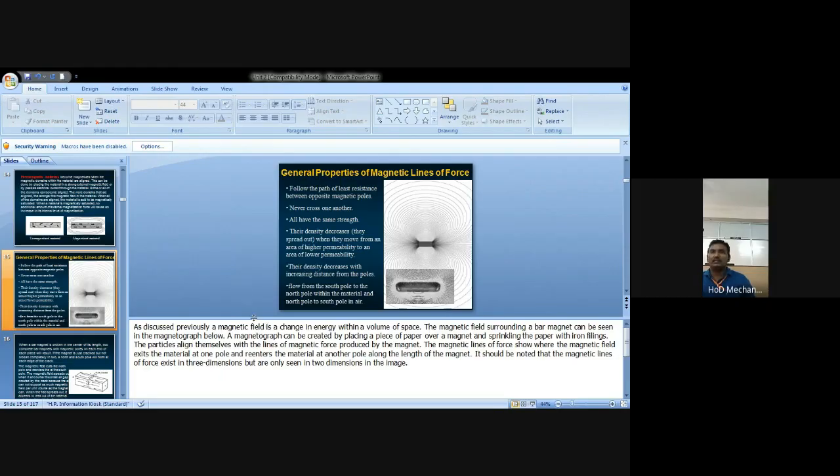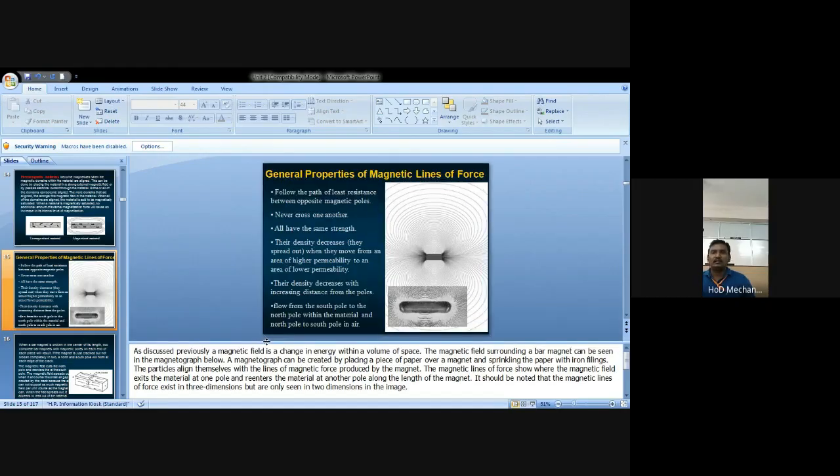As we discussed previously, a magnetic field is a change in energy within a volume of space. The magnetic field surrounding a bar magnet can be seen in the magnetograph below.